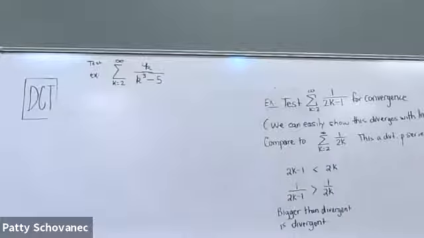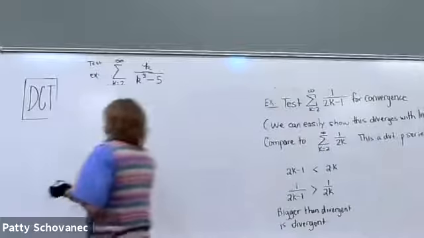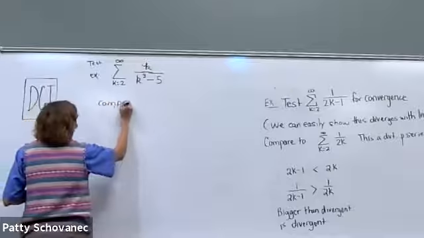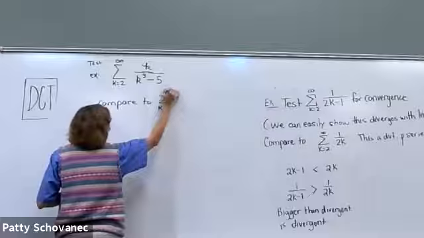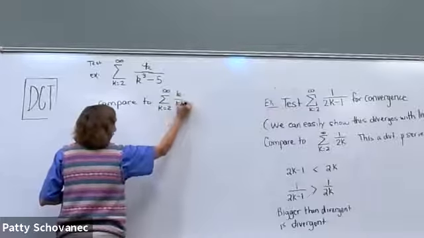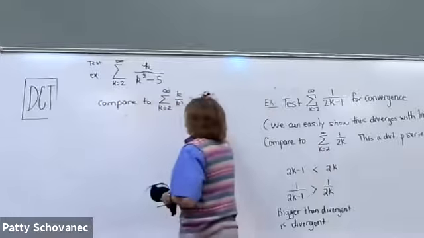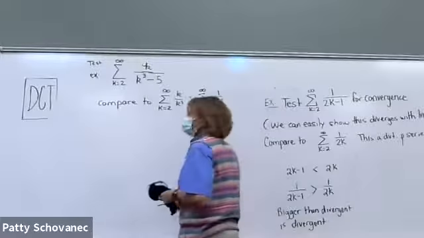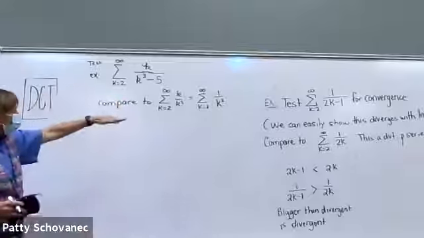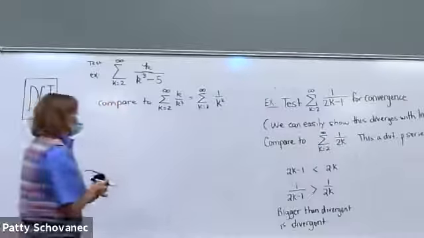Well, I pick a comparison series that looks like it. The term in here that keeps this from being a p series right off the bat is that -5. Throw the -5 away and I've got my comparison series. So I'm going to compare it to the series k over k cubed, which simplifies to 1 over k squared. 1 over k squared is a convergent p series.